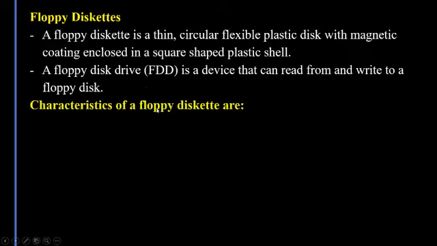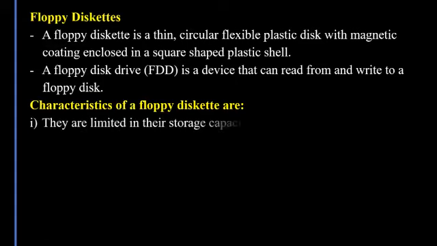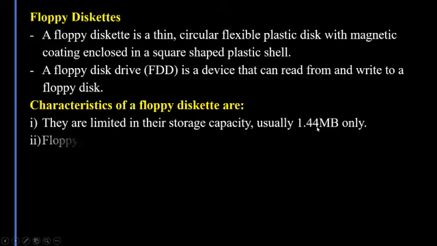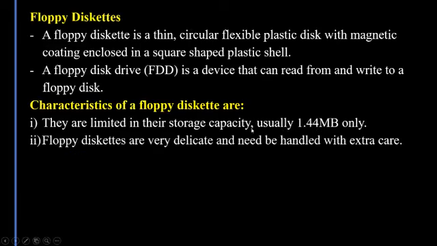So let's look at the characteristics of floppy diskettes. One, they are limited in their storage capacity. They can store only 1.44 MB. Floppy diskettes are very delicate and need to be handled with extra care.